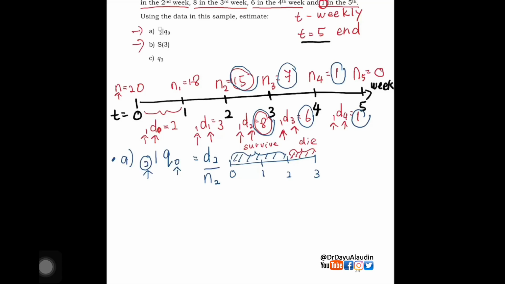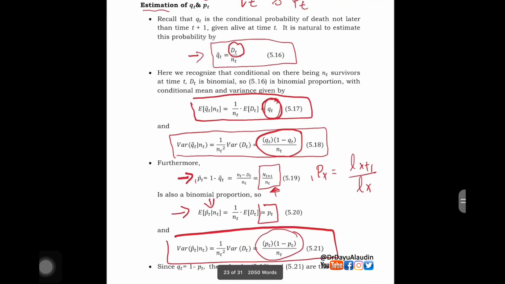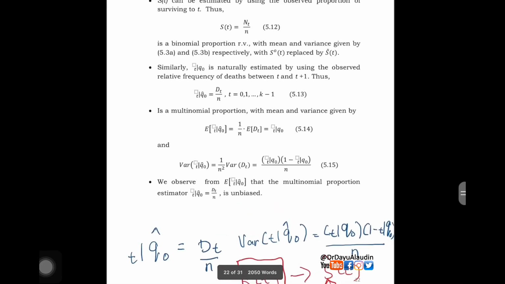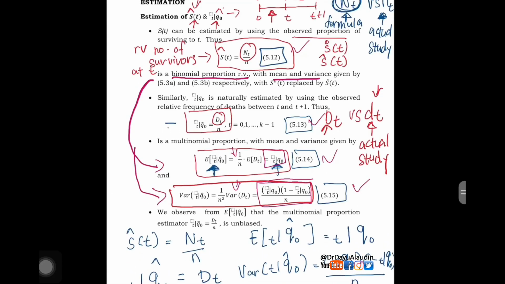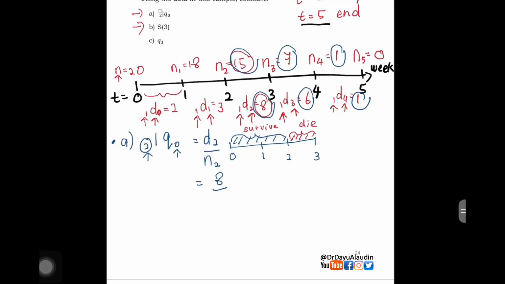So d2 is 8, n2 is, d2 over n or nt. Oh, this one is for Qt. We are looking for proportion. Okay, this one, dt over n. That's why it is weird. So this one is only n. So n is equal to 20. So we get 0.4.